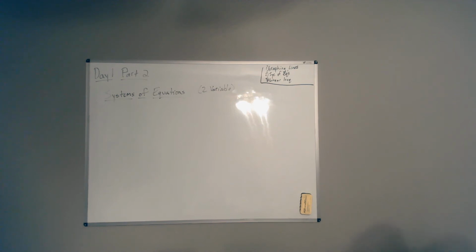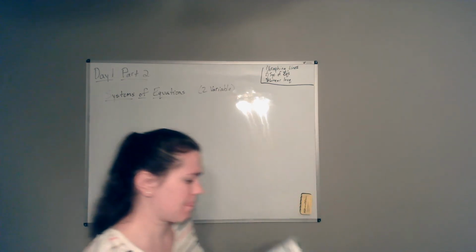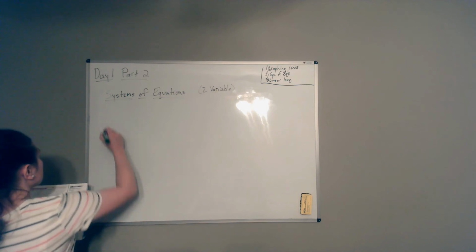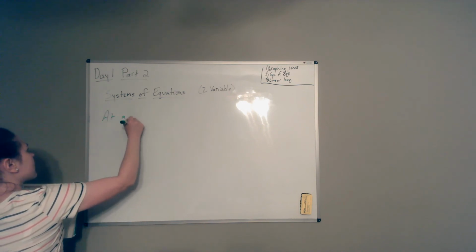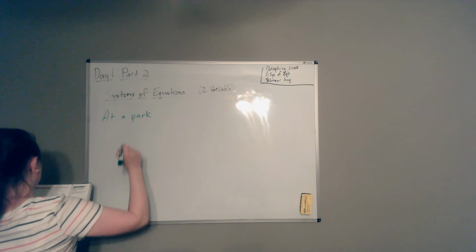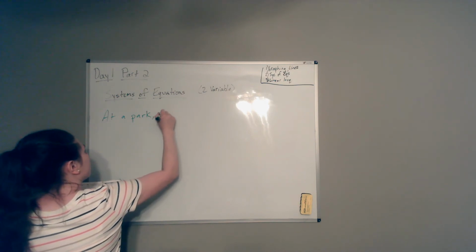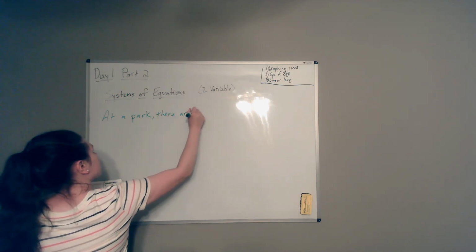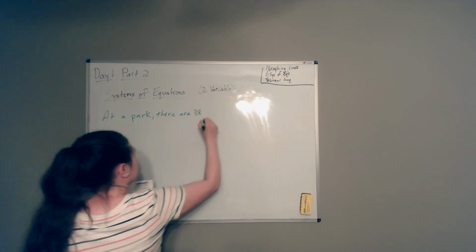All right. So it says, at a park, there are 38 people playing tennis.